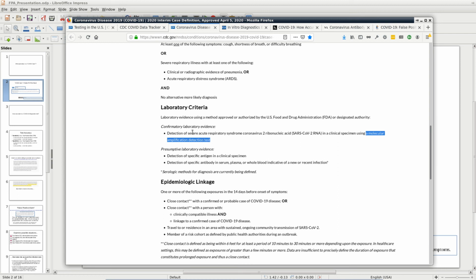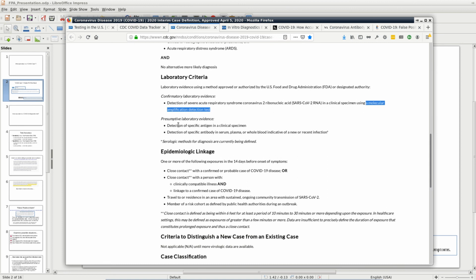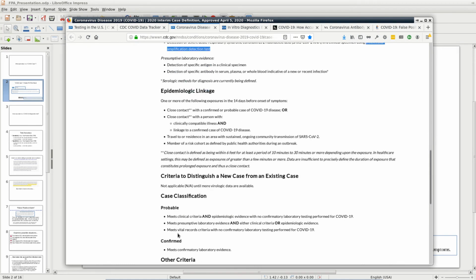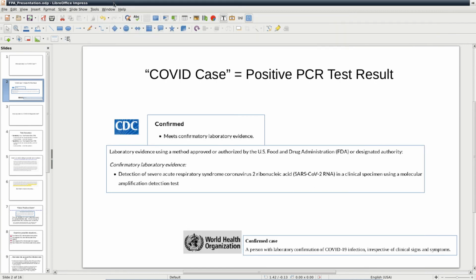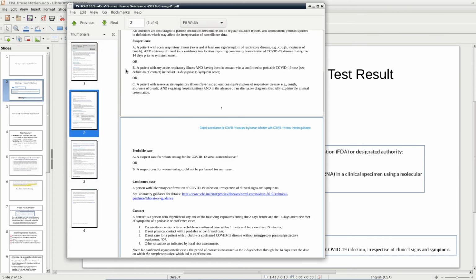So there we have it. With confirmatory laboratory evidence, a positive PCR test gives us a confirmed case according to the CDC. And this is consistent with the WHO guidelines. I'll show you that too.